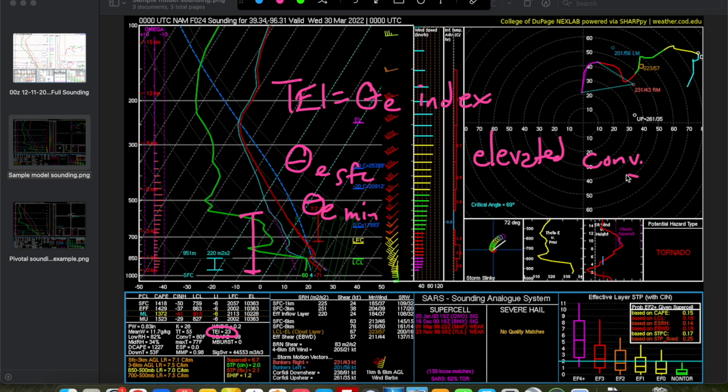The higher the Theta-e index is, the higher the chances for elevated convection. So in this particular sounding, it's 23. That's pretty high. Usually values above, say, 9 or so, there's a very high chance for elevated convection. But again, it's a pretty useless parameter, not something that really is important when you're making a severe weather forecast.